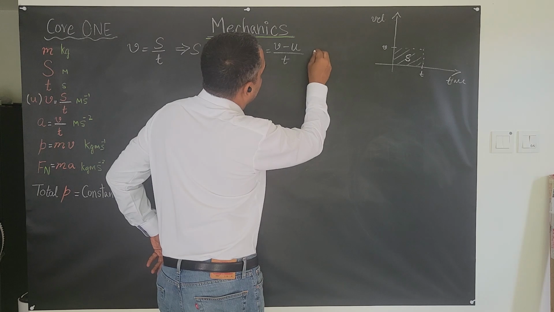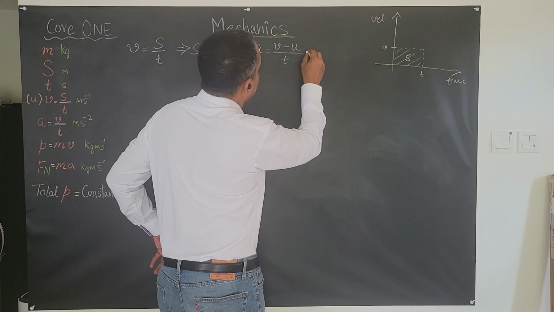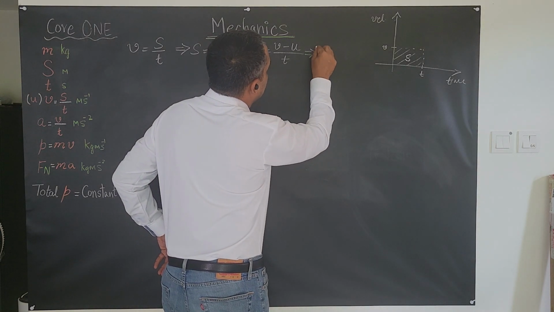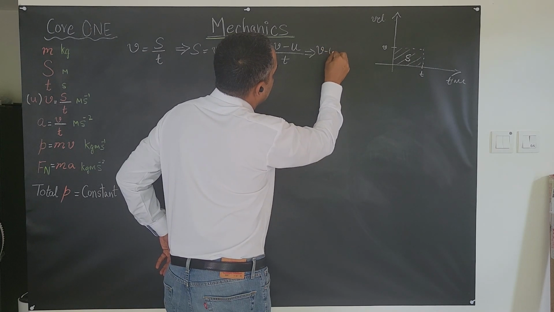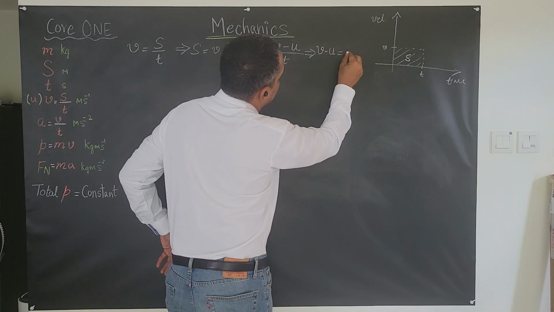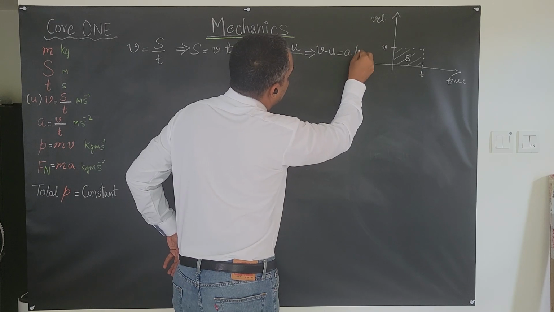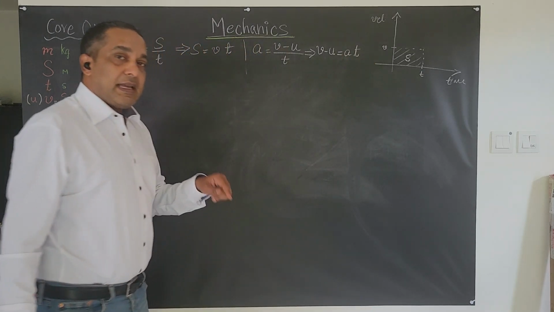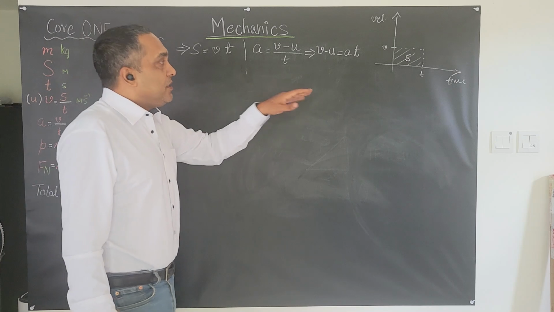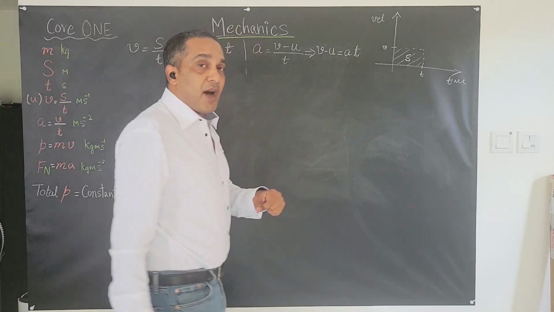And I could argue, or rather build out from here, that the change in velocity is nothing but acceleration times time. Now, mind you, here, acceleration is constant during the time that has passed, right?